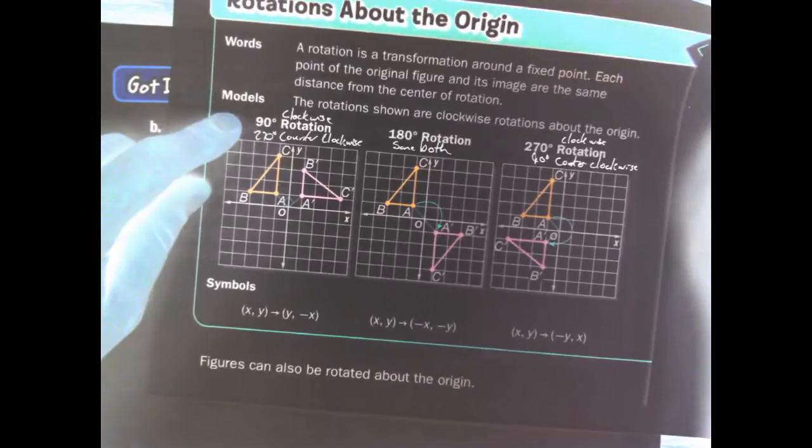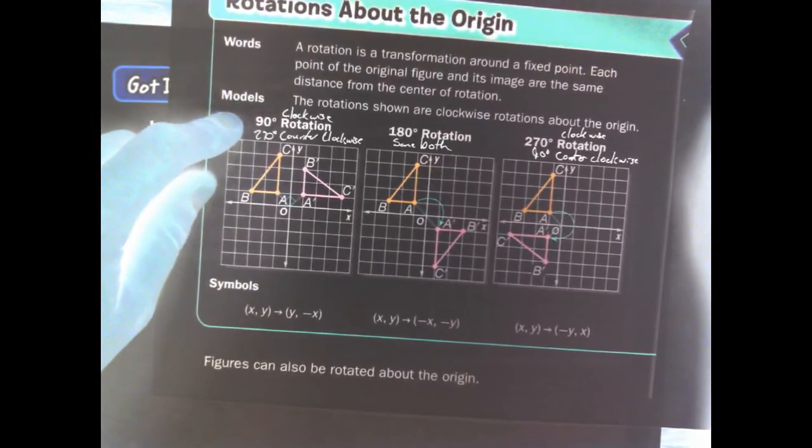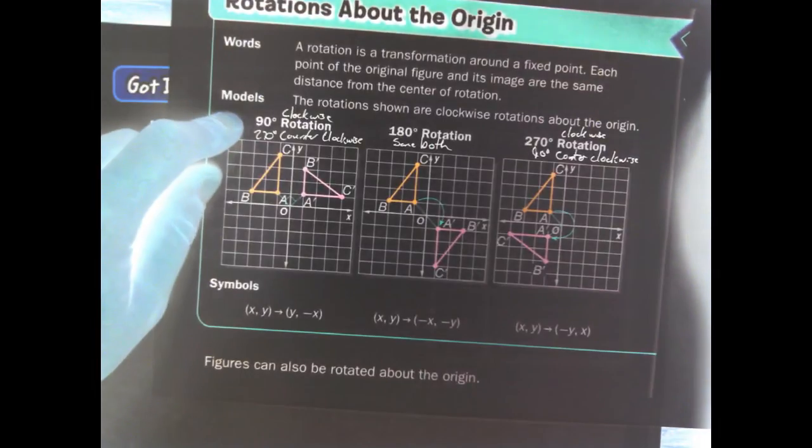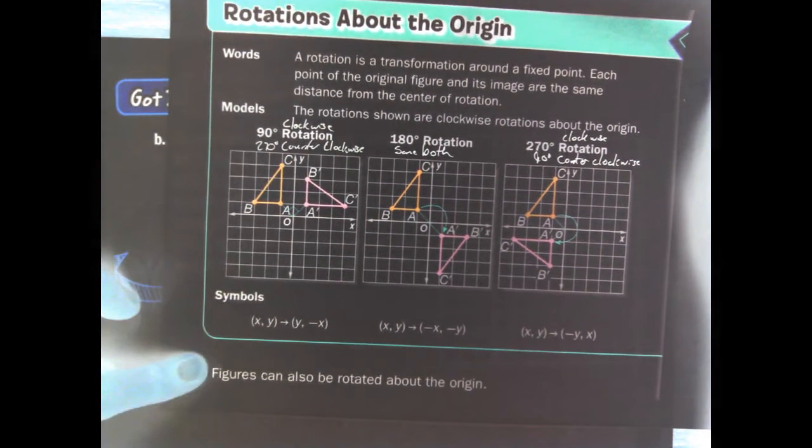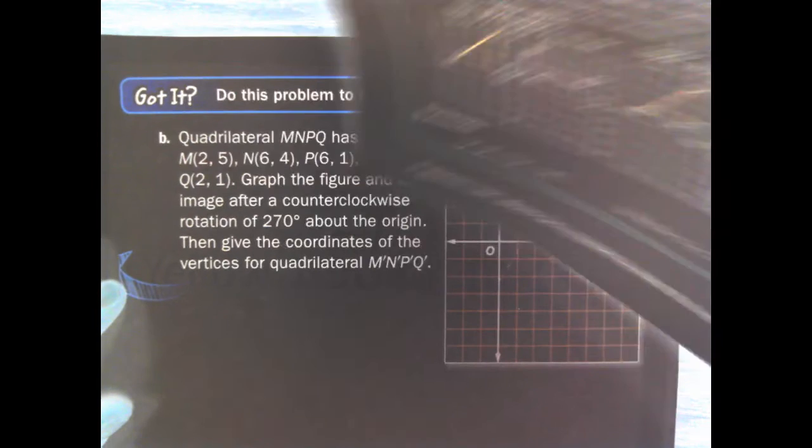Well, that's going to be the same as a 90-degree clockwise rotation. If I turn 3/4 of the way to the left, that's the same as taking a quarter turn to the right.